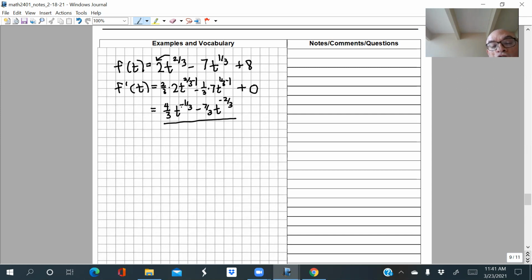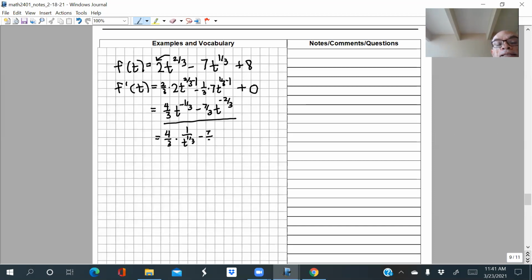But normally we might simplify this a little bit and get rid of at least the negative exponents. And remember, you can get rid of negative exponents by taking the reciprocal. t to the minus 1/3 power means 1 over t to the positive 1/3 power. And don't do anything with the 4/3 though.